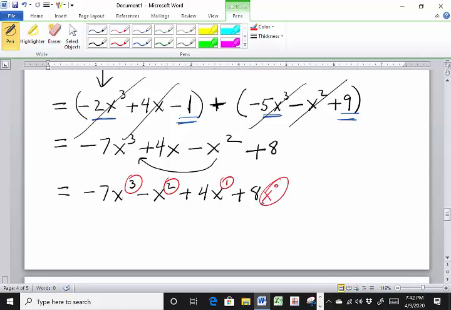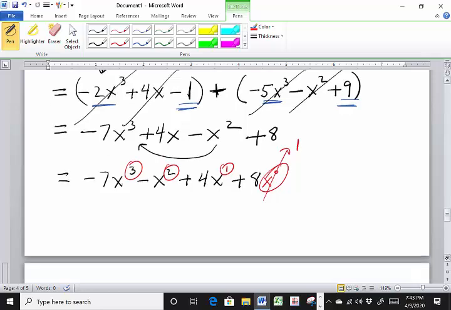You don't need to put that, but I'm just showing you again. That's really x to the 0, because remember, anything to the 0 power is just 1. So that's really all there is to adding and subtracting polynomials.